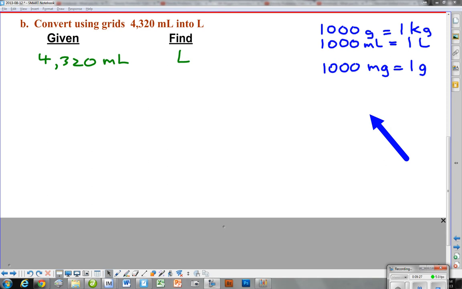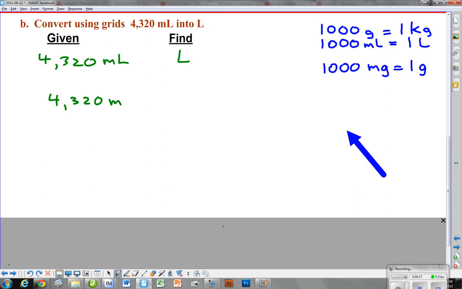Okay, now just like before, we're going to take our given here and that'll be our start. So 4,320 milliliters over 1. And now we look up here to see if we've got anything that'll take milliliters to liters, and there it is. Okay, mils to liters, 1 conversion, no problem.